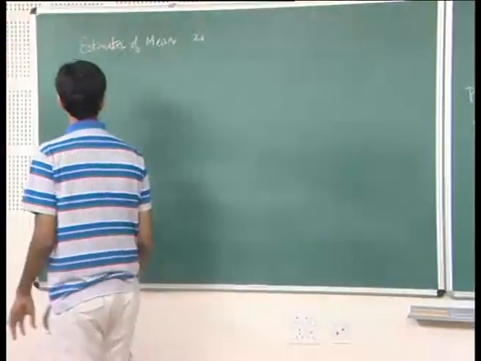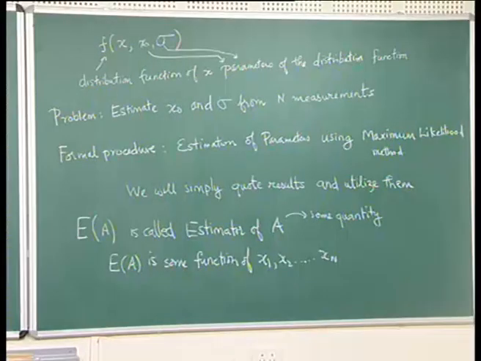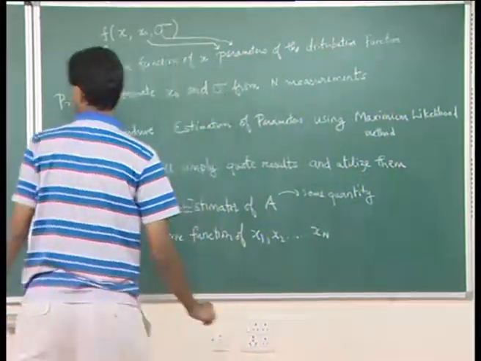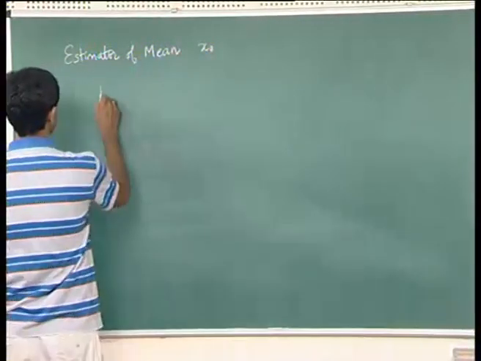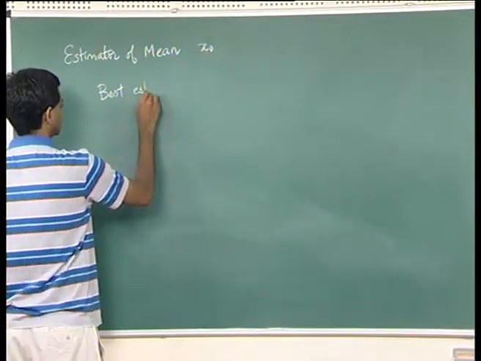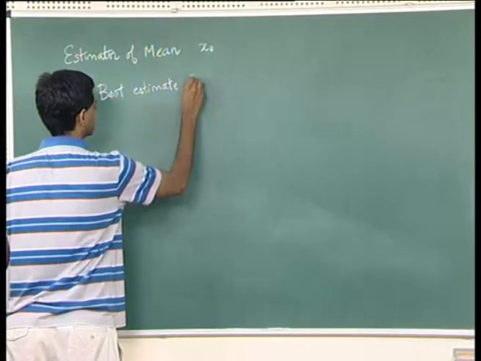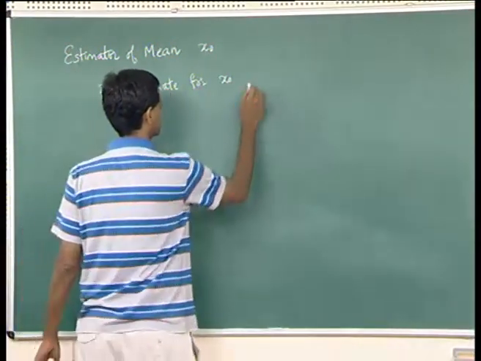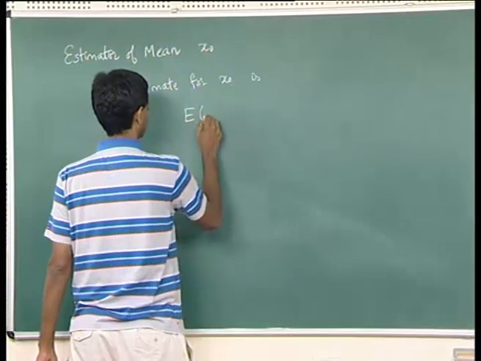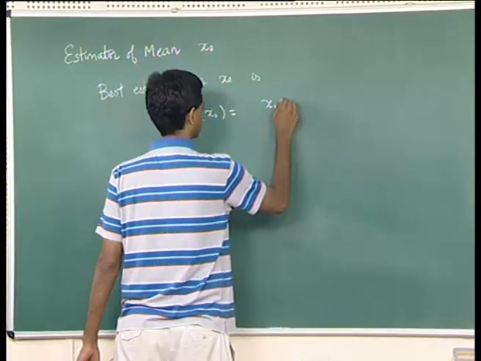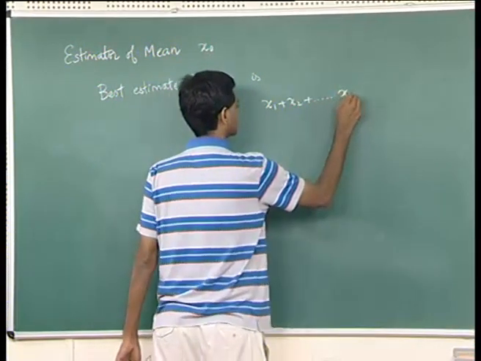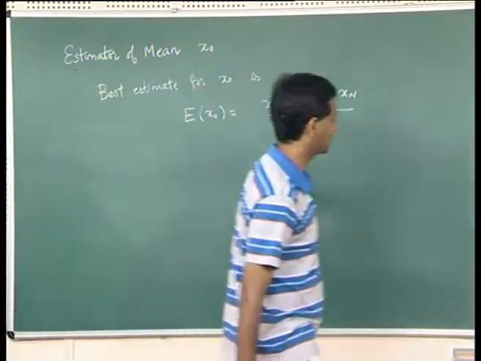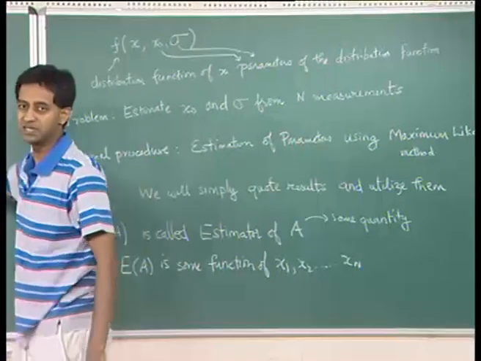If you follow the procedure using the maximum likelihood method, which I have not done, you can show that the best estimator for x0 is E of x0 equal to (x1 plus x2 up to xn) by n. So, the most likely value of x0 is just the mean of these measurements.